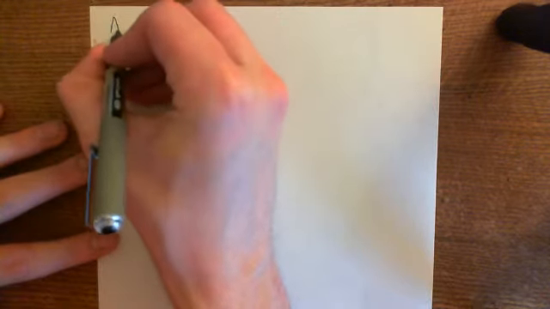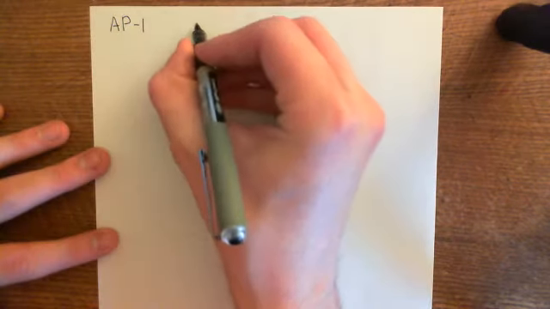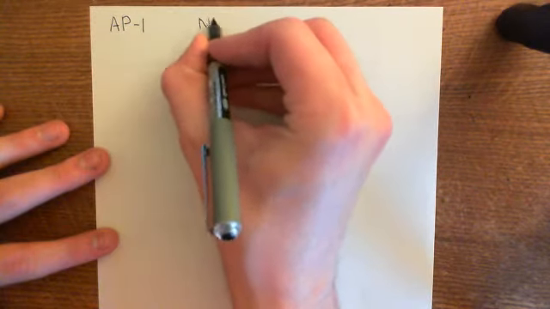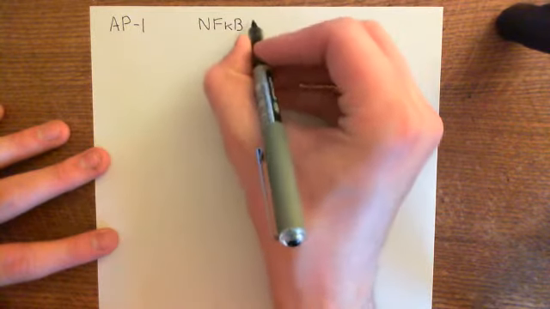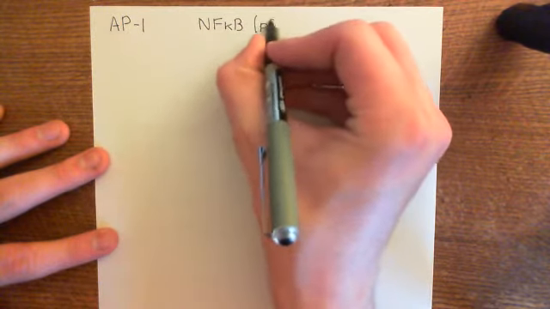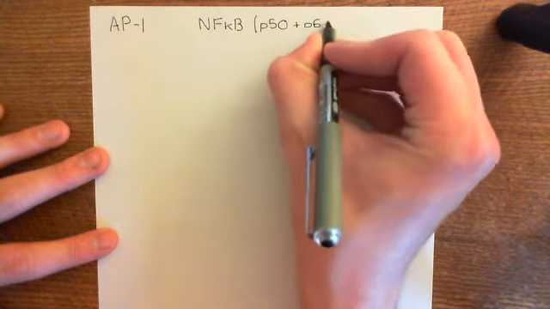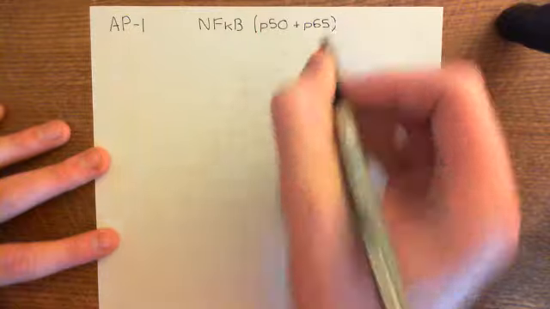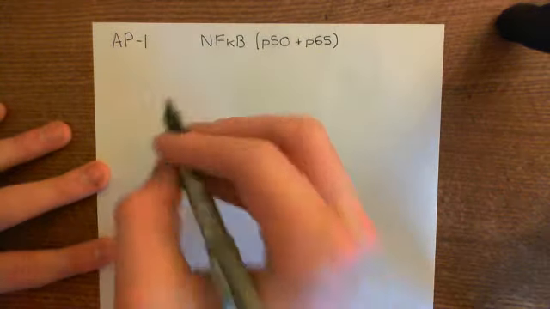So we have activated the activator protein 1, AP1, and we have also activated nuclear factor kappa B, which, remember, consists of this P50 protein bound to this P65 protein. Now these are both what are known as transcription factors, so let me just remind you of what a transcription factor is.